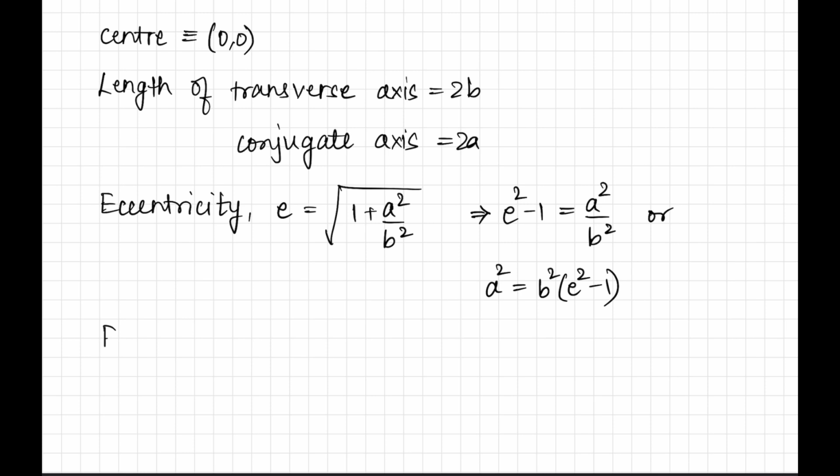The foci are given by 0, plus minus b e. The equation of directrix is given by y equals plus minus b over e. So as you can notice, the role of a is now being played by the letter b and the role of b is now being played by the letter a.